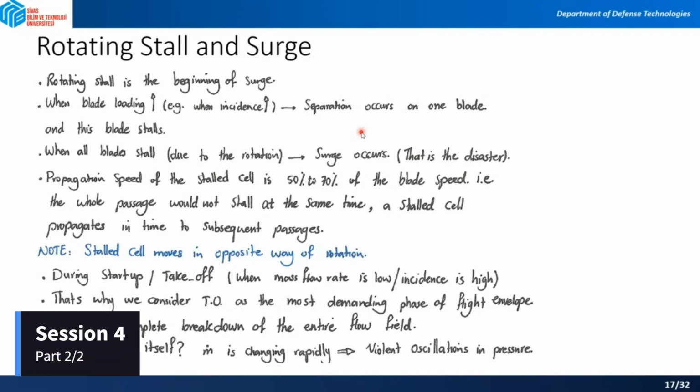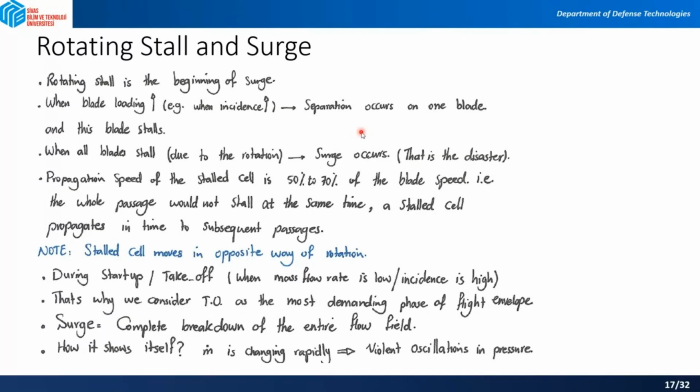Let's have a brief review on the rotating stall and surge. You remember that we said that the rotating stall is the beginning of the surge. So when the loading, for example, the incidence or angle of attack on the blade, is increased, we said separation occurs, and this blade can stall.